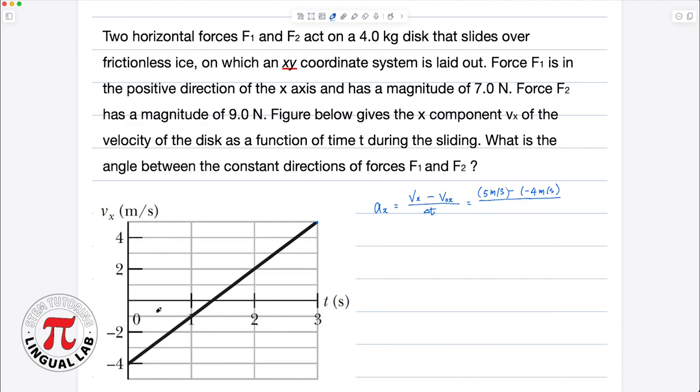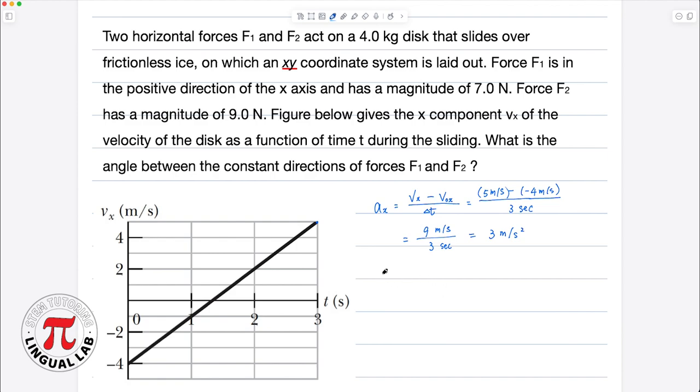The time duration is 3 seconds. So 5 minus -4 is 9 meters per second over the 3 second interval. Therefore, the acceleration is 3 meters per second squared.